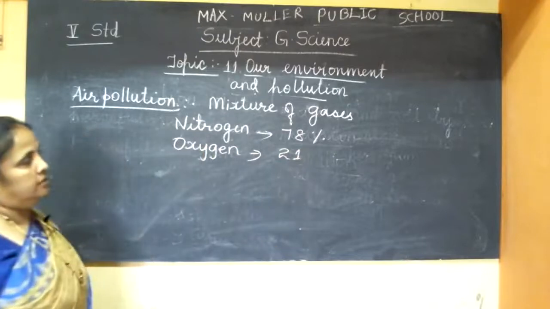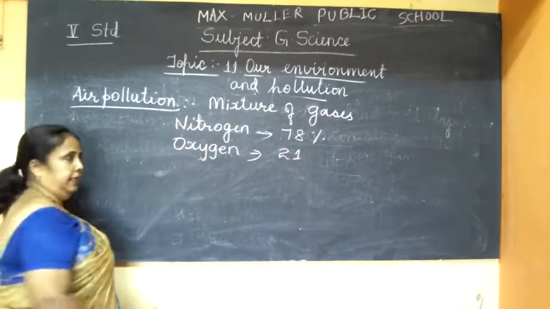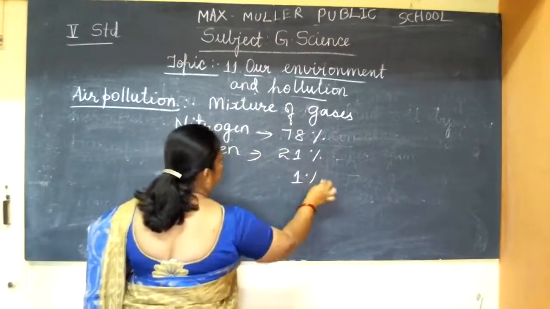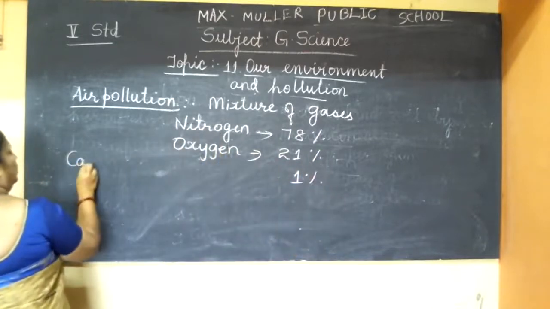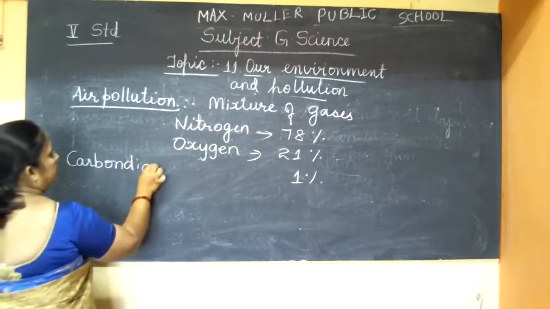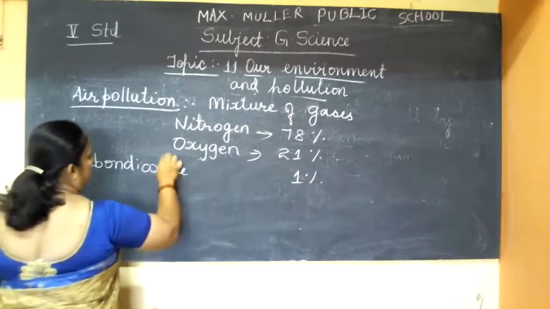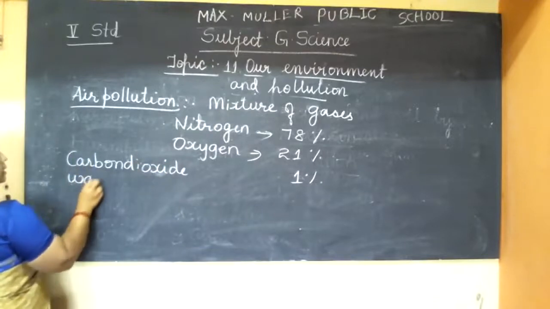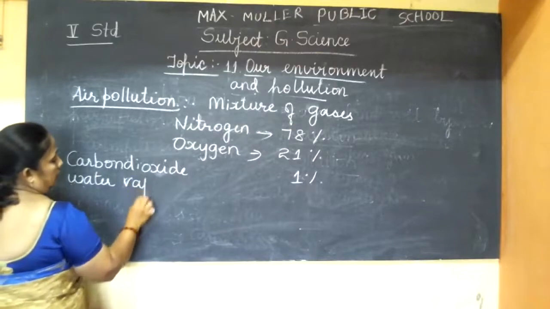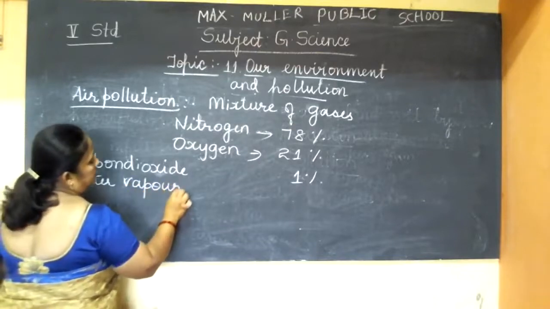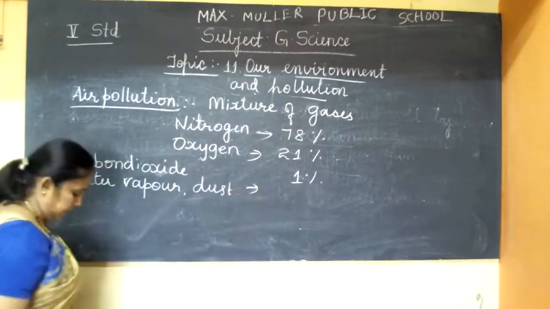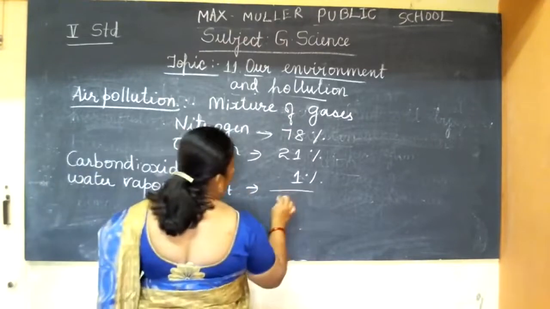So 8 plus 1 is 9 and 7 plus 2 is 9, that is 99%. The other 1% is carbon dioxide, water vapor, and dust particles. So totally it is 100.